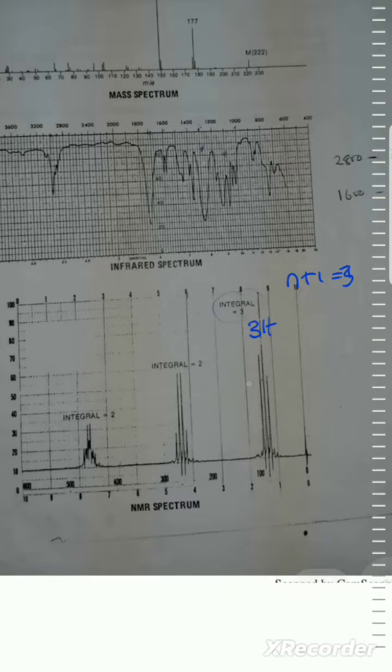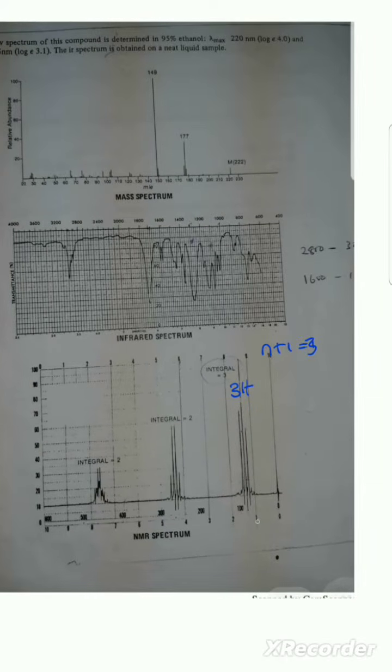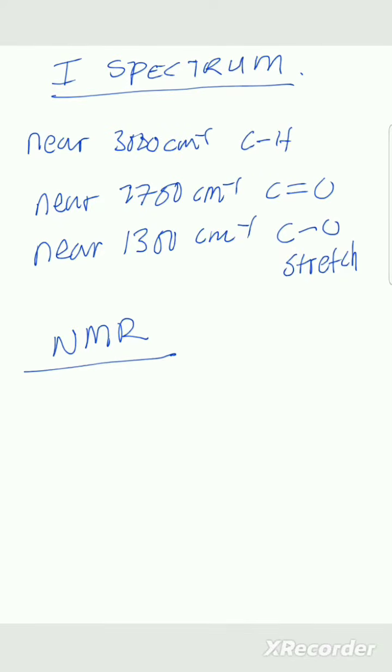We can check even the number here. These small numbers, which are 1, 2 up to 10, are chemical shift, expressed in ppm. So here it is in between 1.2 somewhere. So I can go and write on my NMR: triplet here, the chemical shift is 1.2.